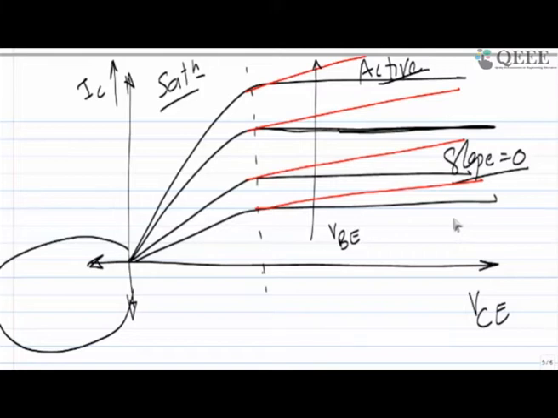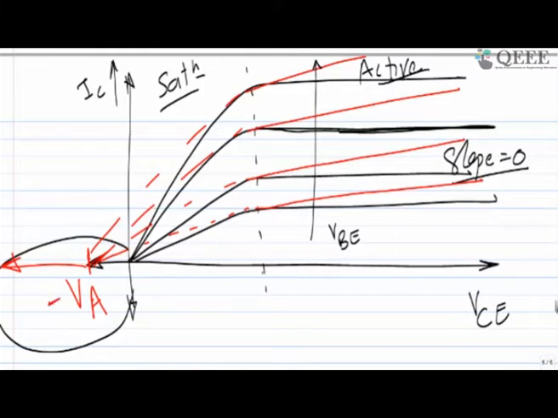And this is happening because of many reasons. If you are making your base width not exactly what you are supposed to make, then that base width will create a problem, and your active mode of operation will have some slope, and that slope, if you extend it, will come to one point. Let's declare that point as minus VA.